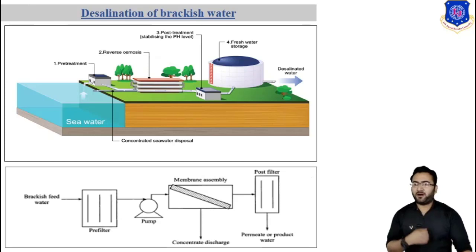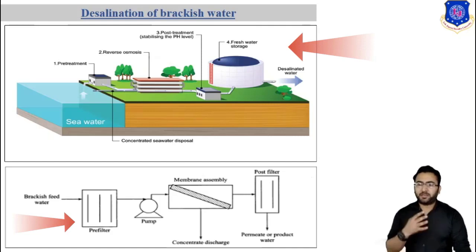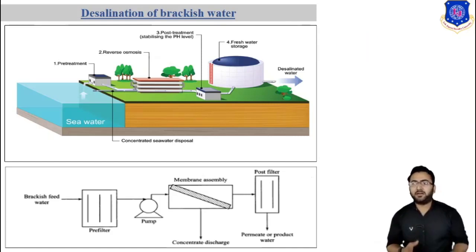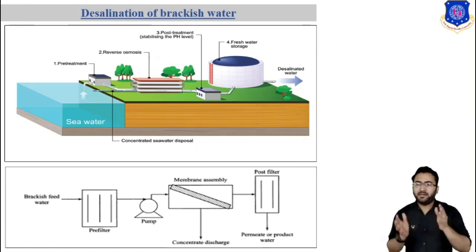A schematic diagram for desalination of process water by reverse osmosis is shown in this figure. A typical reverse osmosis system consists of pre-treatment, membrane assembly, and post-treatment. Pre-treatment of reverse osmosis is important because of the need to maintain a high-quality, clean membrane surface.